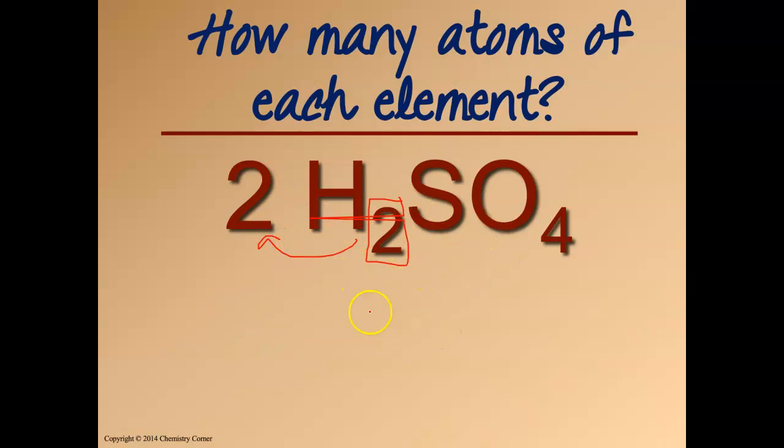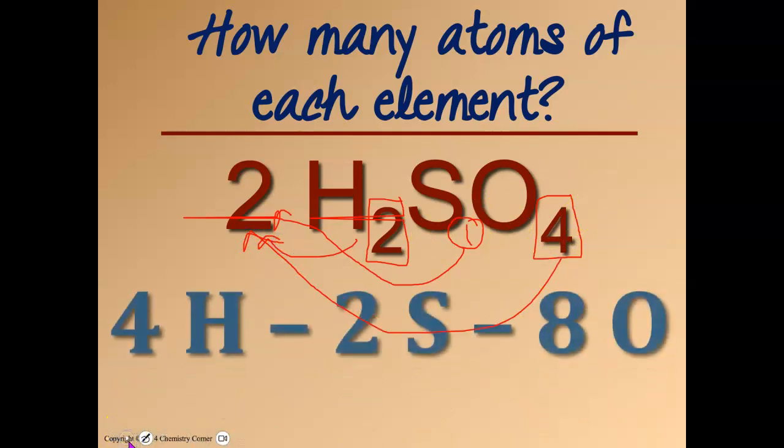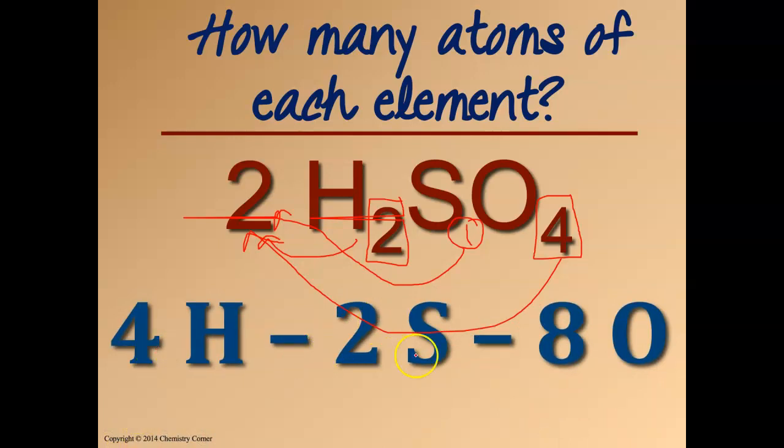So that's 4 hydrogens. And then sulfur, there's a 1 here. I'm going to take the 1, multiply it by 2 to give me 2 sulfur. Oxygen, you take the 4, multiply it by 2 to give you 8 oxygen. So we have 4 hydrogen, 2 sulfur, and 8 oxygen.